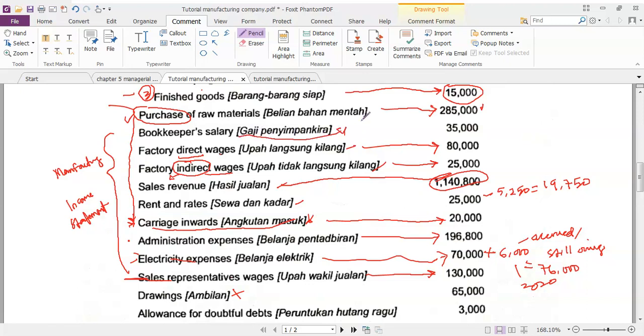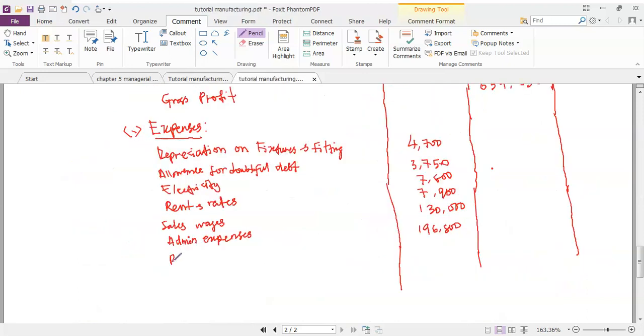Gaji penyimpan kira ataupun accountant punya gaji. 35,000 is inside the income statement. Berapa? 35, right? Okay, settle.